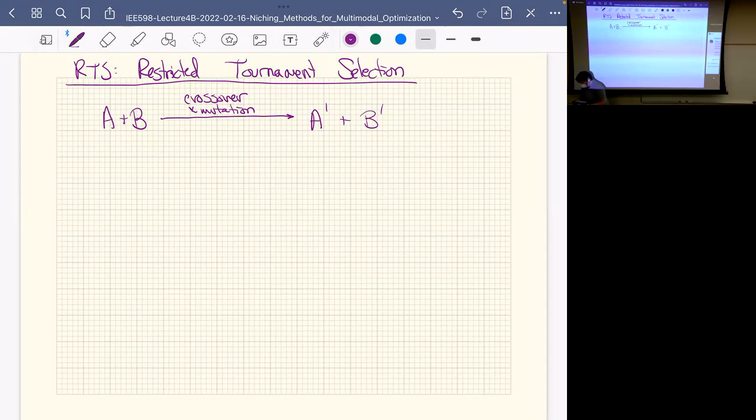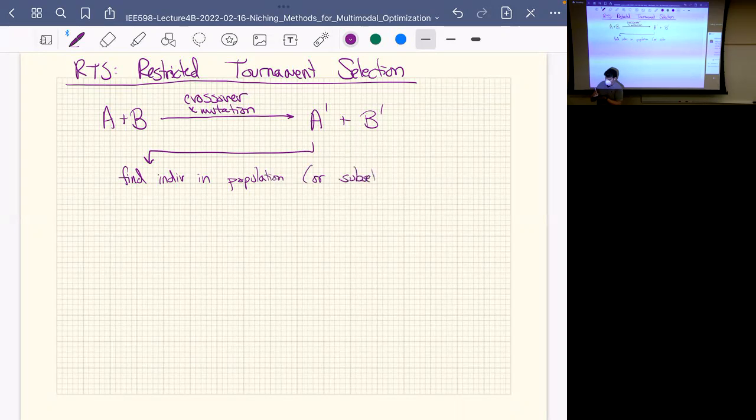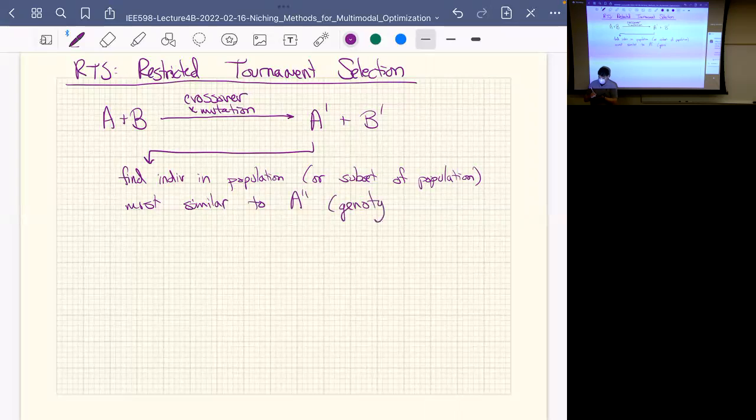So I guess I can write that down here. For A prime, we then find the individual in the population or subset of the population most similar to A prime in genotype space, call it A double prime, and then keep A prime or A double prime based on fitness.